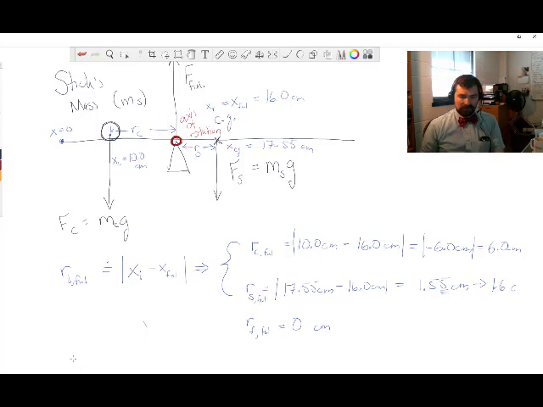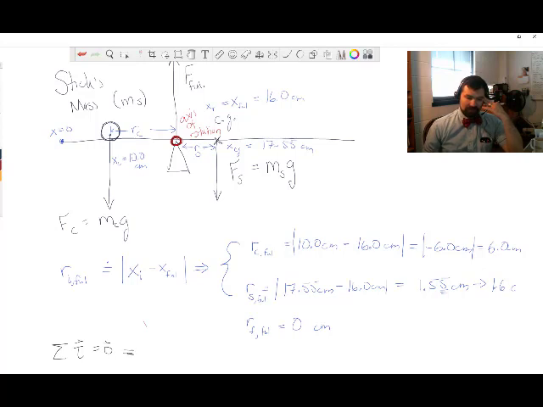Alright, so the next step is basically that we want to add all of the torques together and get 0. This is the ultimate equation that we're solving.